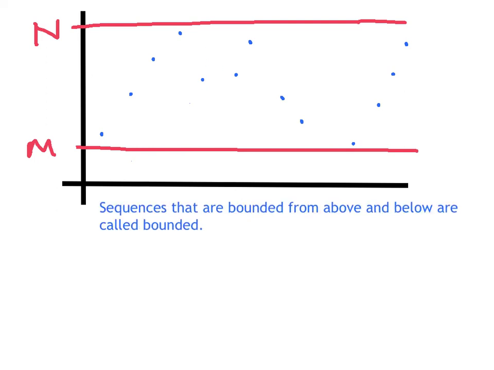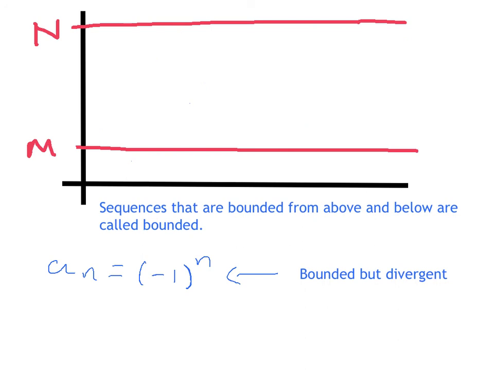So this condition by itself of being bounded doesn't guarantee anything about convergence, because the sequence could just bounce back and forth. An example is, again, -1 to the n. But what about when we put the two conditions together, boundedness and monotonicity? Let's say, for the sake of example, that we have one which is monotone, non-increasing, so decreasing, and also bounded.